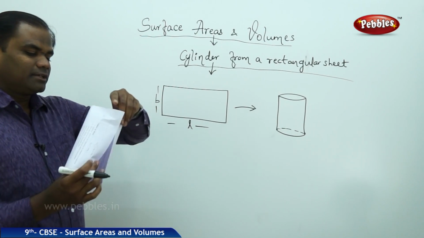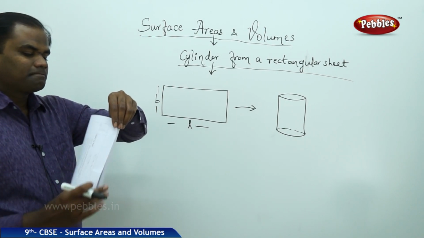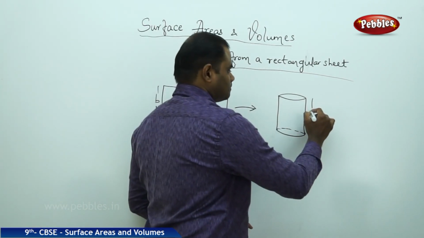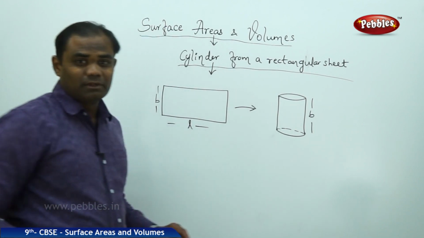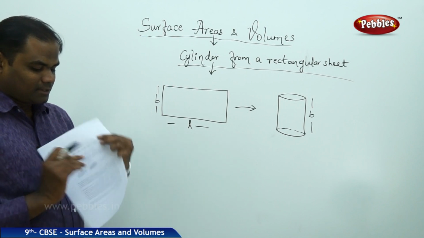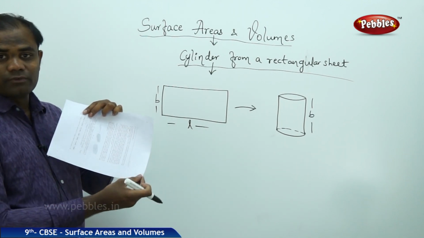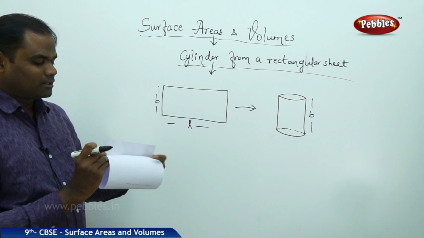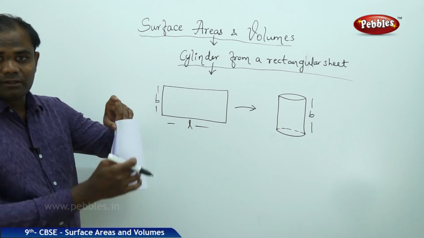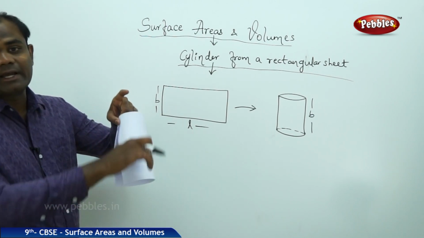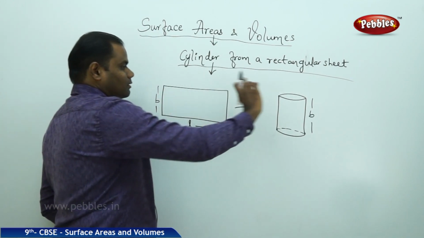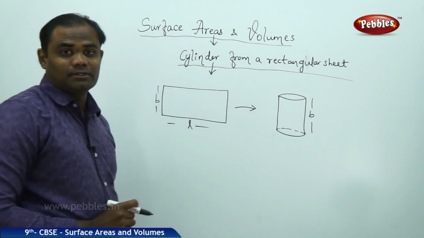Here, the breadth of the rectangle will be the height of the cylinder. When I roll this, the height remains constant, it doesn't change. So the breadth of the rectangle will be the height of the cylinder.